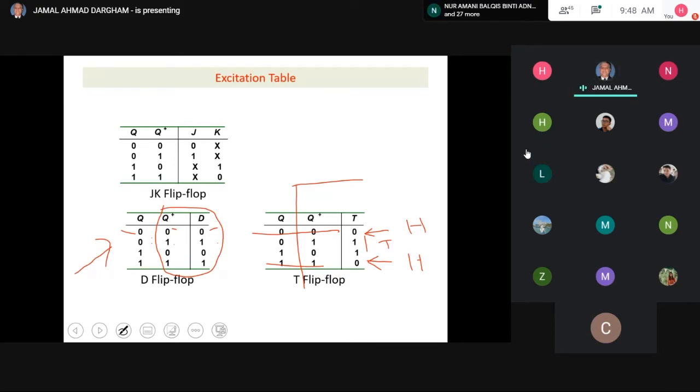This one you can get it from my truth table, the truth table. 0, 0, 0, 0, it means either hold. So if Q 0 and Q bar 0, it means hold, which hold means J 0 and K 0, and that's why. Or it's possible that, which one you get? 0, 0.